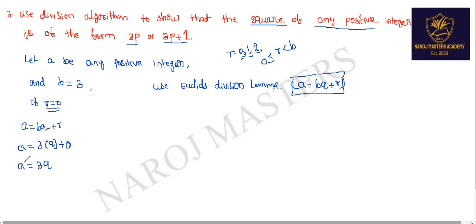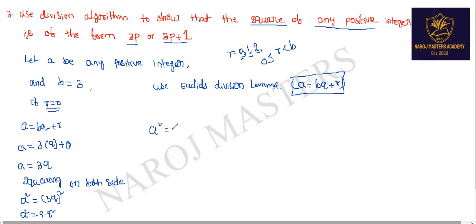Now squaring on both sides. So after that, a square is equal to 3q whole square. So a square is equal to 3q square, meaning 9 into q square. When I write this, 9 is equal to 3 into 3. Look here.